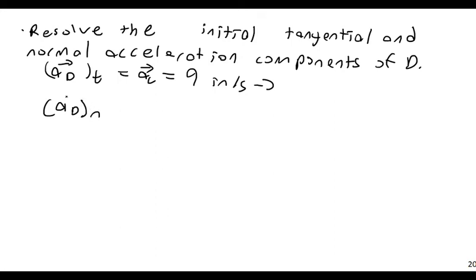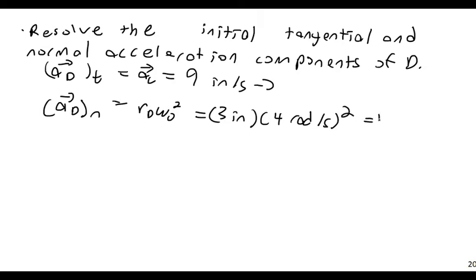So AD in the normal direction would be equal to RD omega naught squared, equals 3 inches times 4 radians per second squared, which equals 48 inches per second squared.